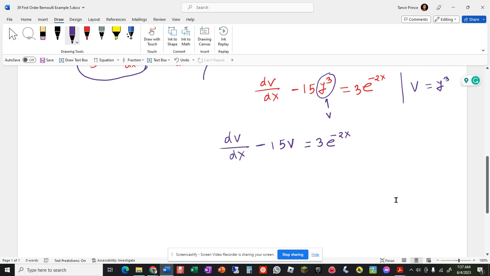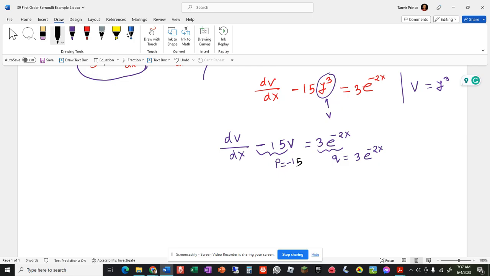So here the p is negative 15 and q is 3e to the power negative 2x. So let's apply the method of linear first order differential equation. So let's do that.